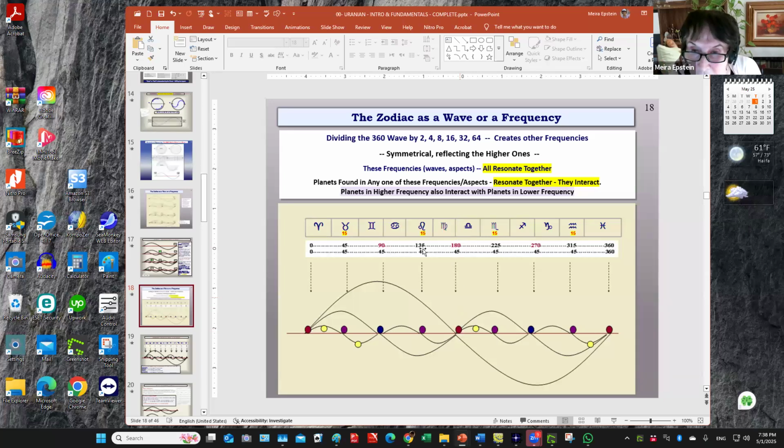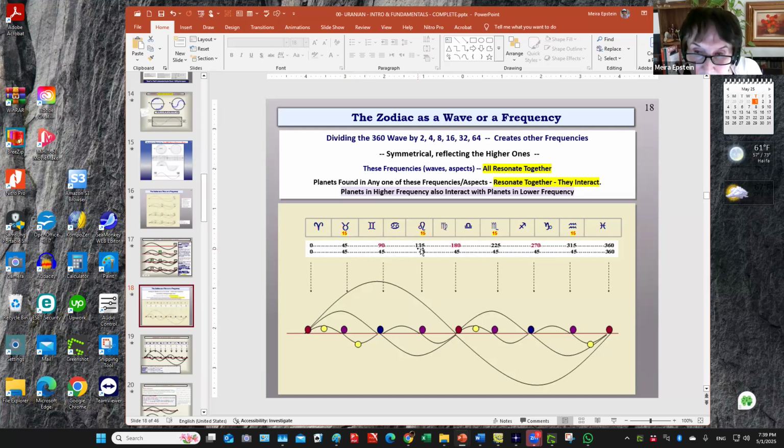And you see that 0 Cancer is right here, and 0 Capricorn is right here. But now we go below that. Now we go to the semi-square. And look at Taurus, 15 Taurus. 15 Taurus is exactly 45 from the 0, agreed? So 45 is this dot here. Taurus 15, 45 is 15 Taurus.